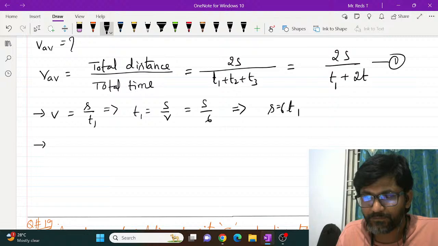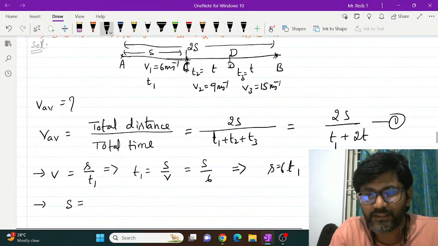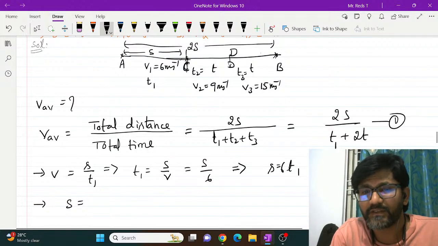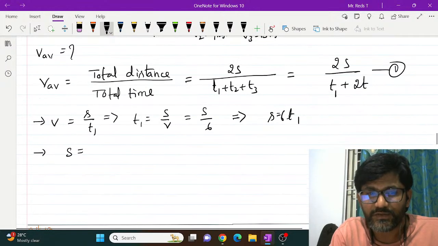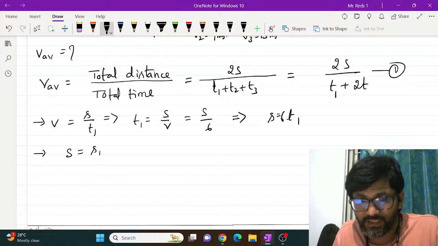So you can take distance is equal to velocity into time. It has traveled with 9 meters per second for T time, and for another T time it has traveled with 15 meters per second. As we don't know the distance traveled during the second half, we can take it as S2 plus S3.